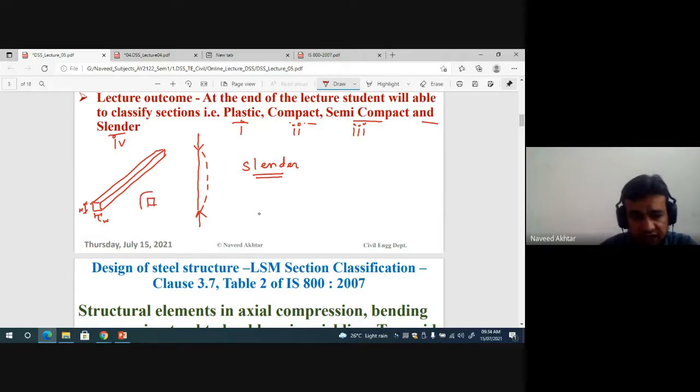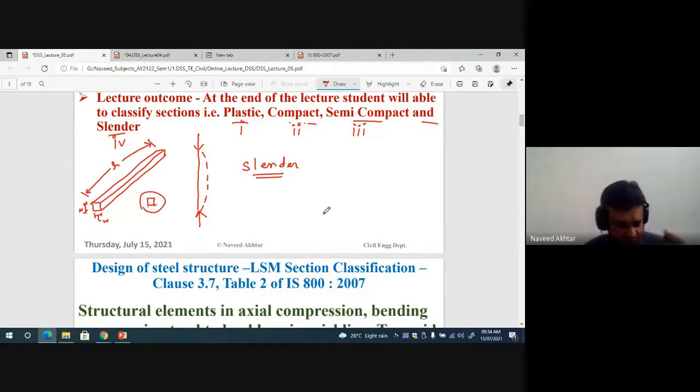You can see it is very small as compared to the length of your member. So when the length is larger and the cross section dimension is less, then those sections are called slender sections.